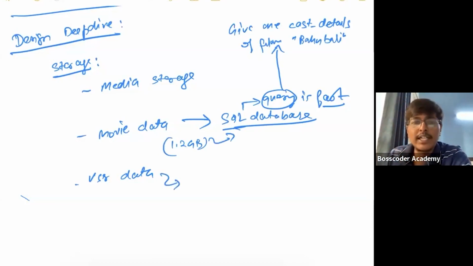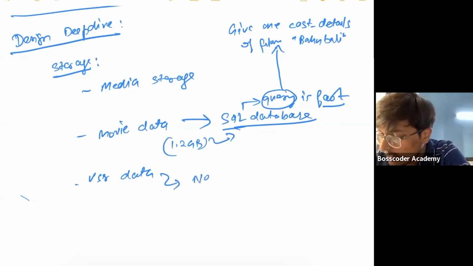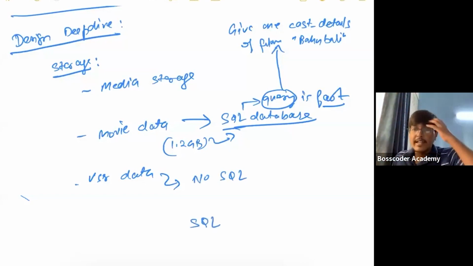When it comes to user details, where will you store user details? You can store it in NoSQL as well. You can store it in SQL as well. So let me talk about which one will look good if you are actually designing it. Can someone tell me why you choose NoSQL or why you choose SQL?